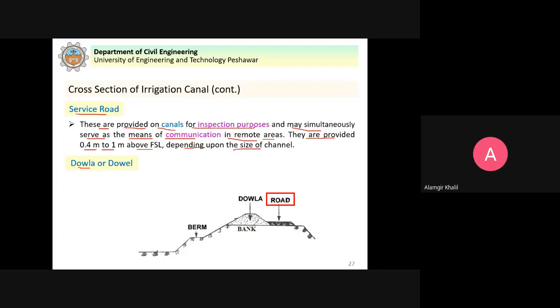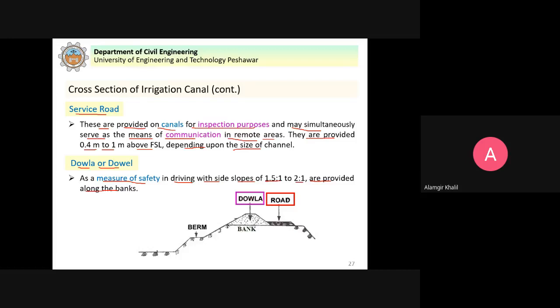Next we have dowla or dowel. In some irrigation books they say dowla, in other irrigation books they call it a dowel. So dowel is a measure of safety in driving, with side slopes of 1.5 to 1 to 2 to 1 provided along the banks.